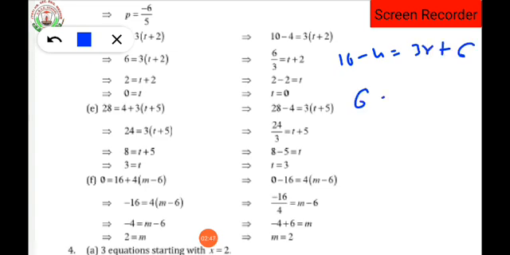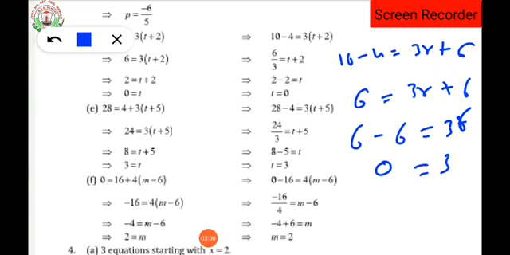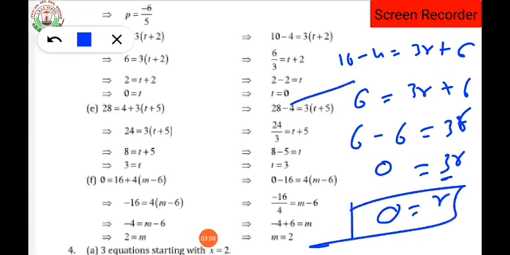Okay, here it will be 6 is equals to 3r plus 6, isn't it? Now 6 minus 6 will become 0. So 3r is equals to 0. We will get 3r is equals to 0. When this 3 comes in the denominator of 0, automatically the answer will become 0, which is the required answer.